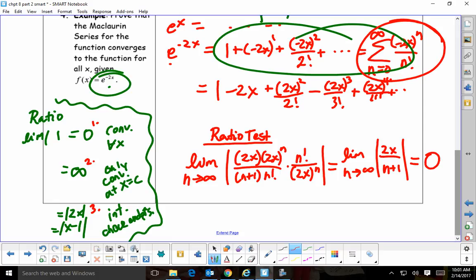See how you did with your ratio test. Everybody good? a sub n plus 1 over a sub n, cancel out, okay? So then our limit was 0, which is what we hoped.